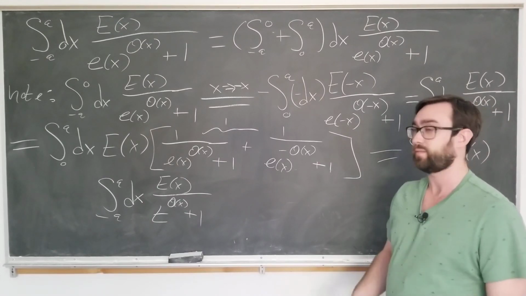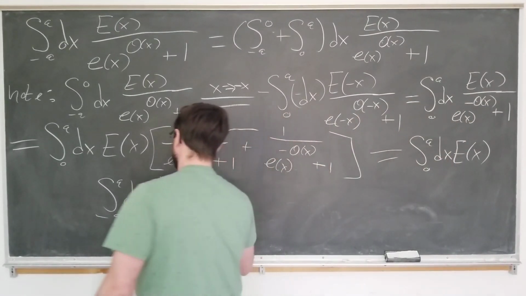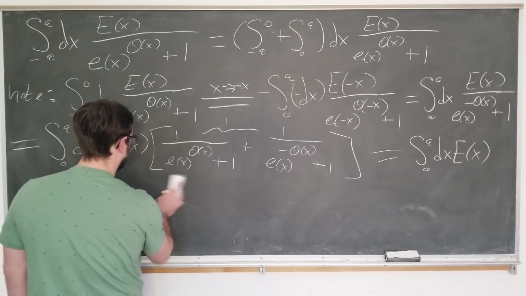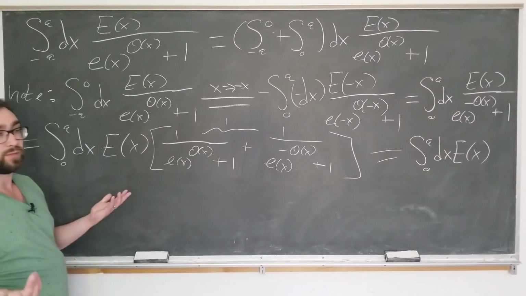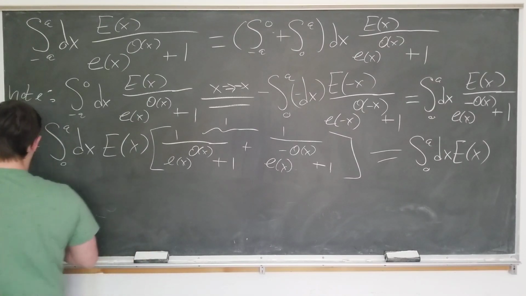And let's give some examples to show what we can do with these bad boys. So the first thing that I can see is we can make a lot of integrals be equal to 1.